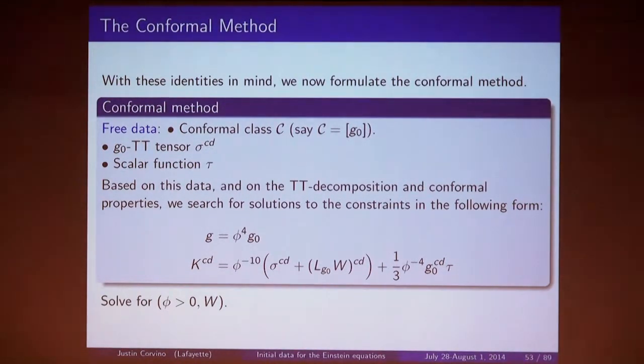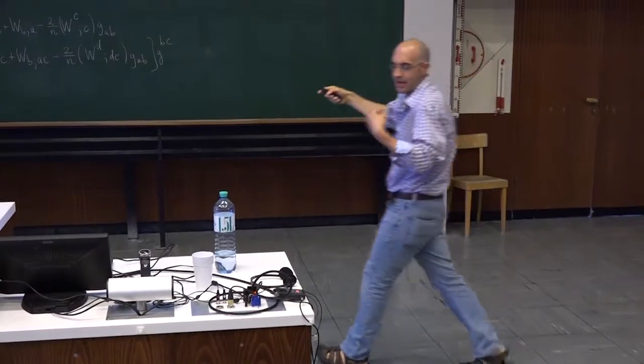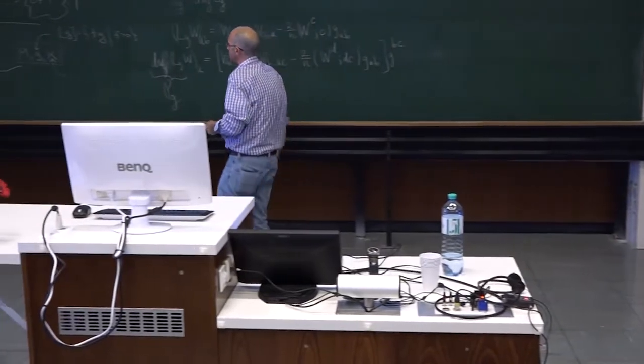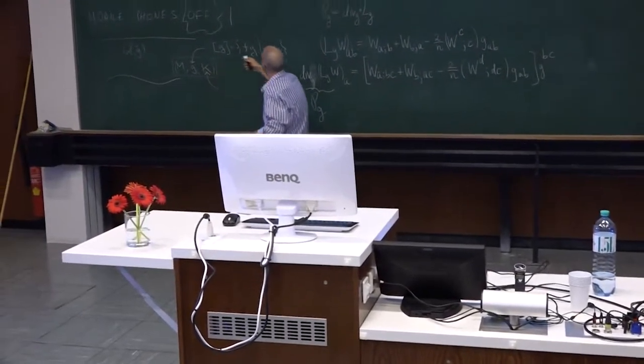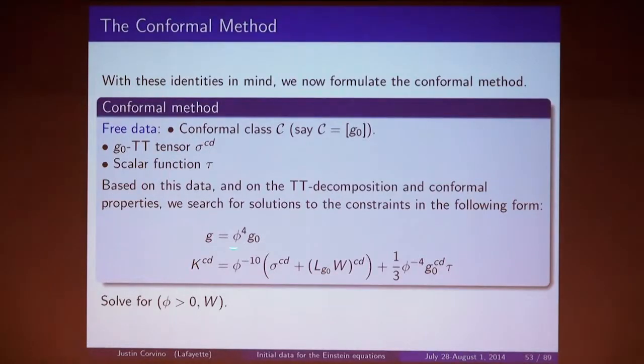Based on that free data, you concoct the actual data for the Einstein constraint equations, the G and the K, by this prescription. G is conformal to your metric in your class, and then the second fundamental form K is this thing. Here's the trace part that gives you trace tau.